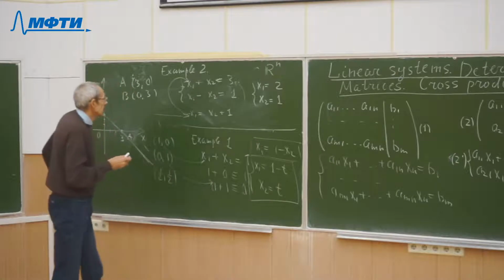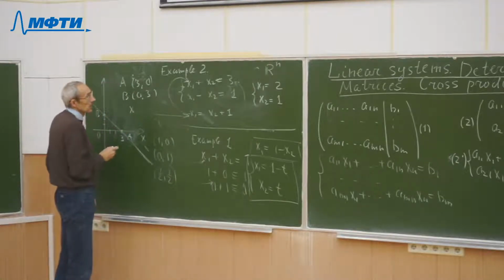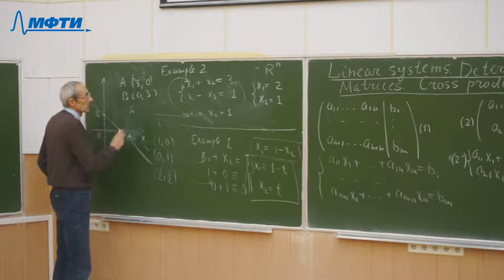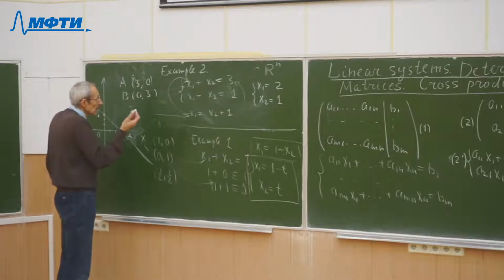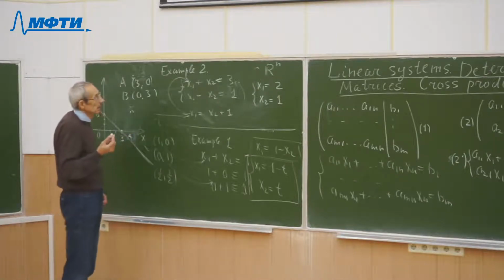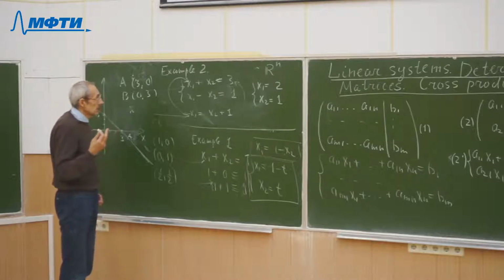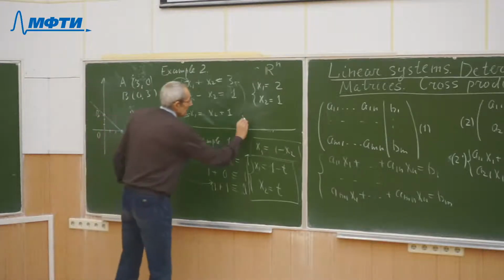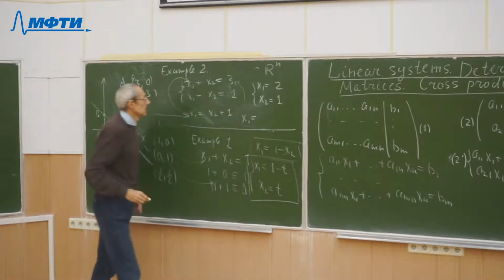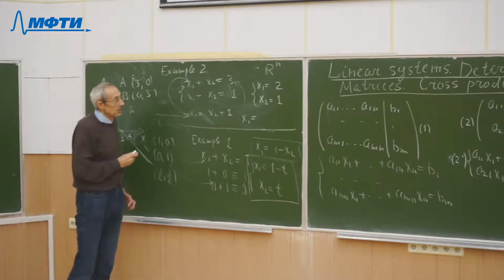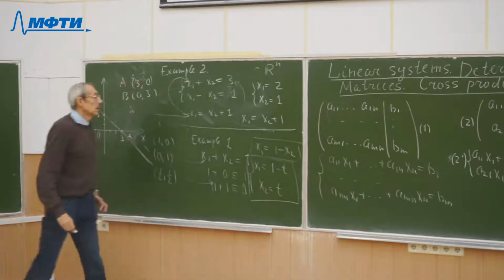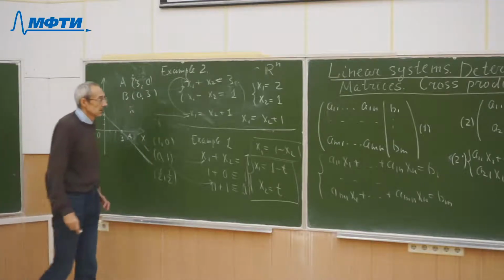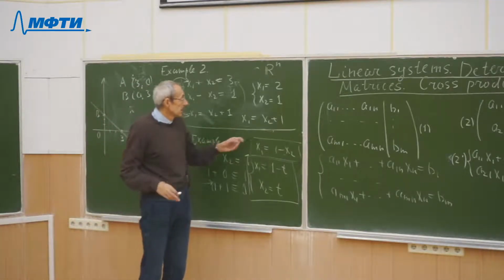In the same way, we can obtain a description of all solutions of the second equation. Let's try to find two solutions of this equation. We can express the first unknown x1 as the sum x2 plus 1, and we can consider any values of the second unknown.